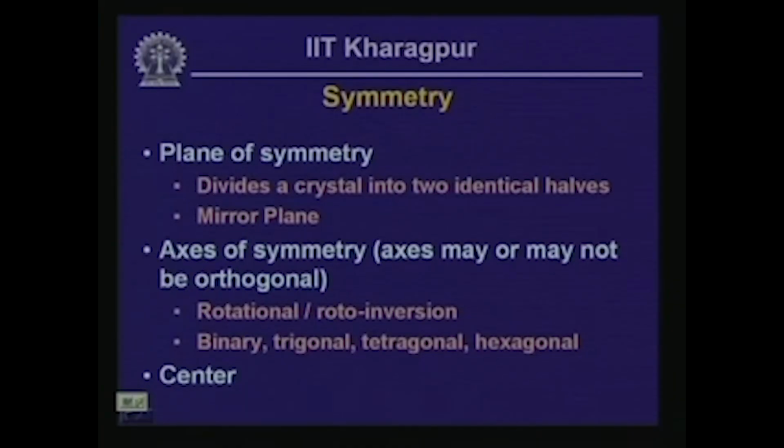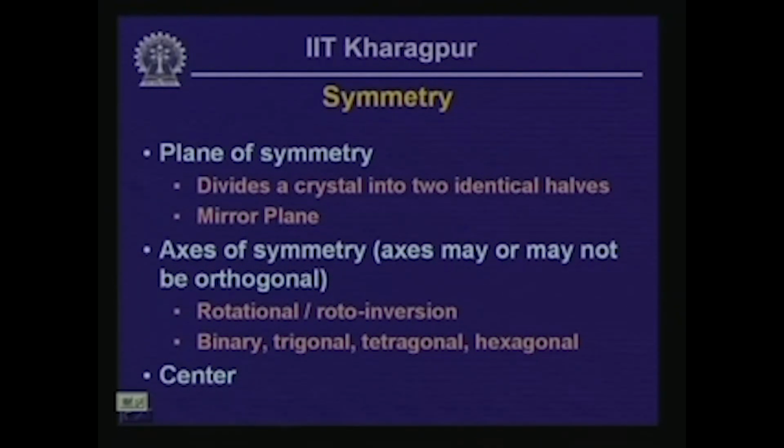We are going to look at the details of these categories as we progress with this lesson. There could also be a center of symmetry. A center of symmetry means that if you look at two opposite faces across the center of symmetry, they are identical, with an identical appearance in terms of orientation and geometry.